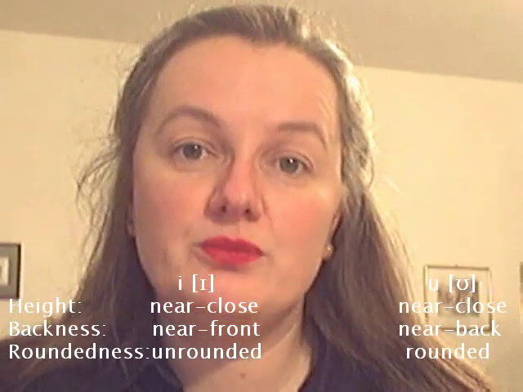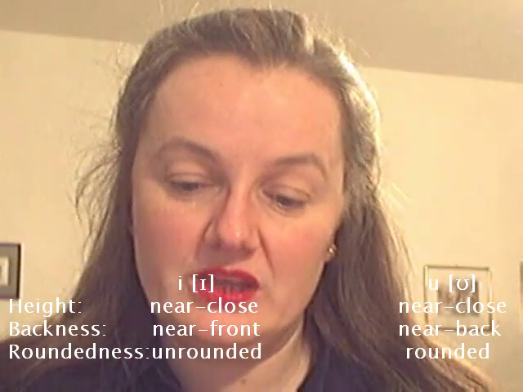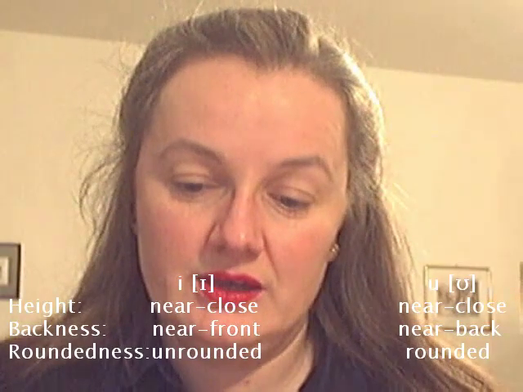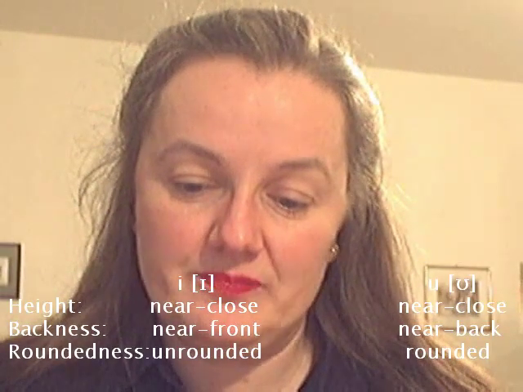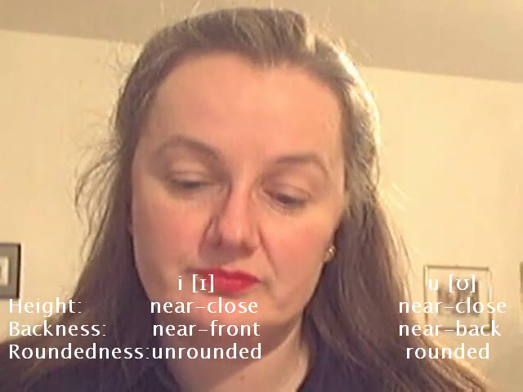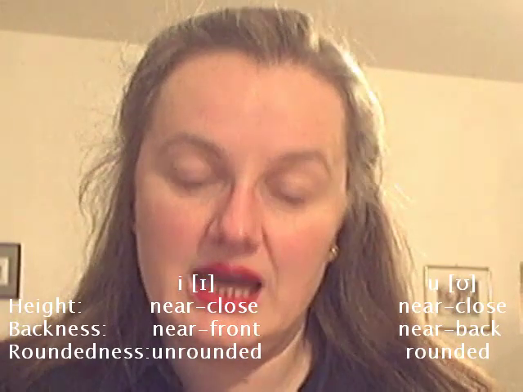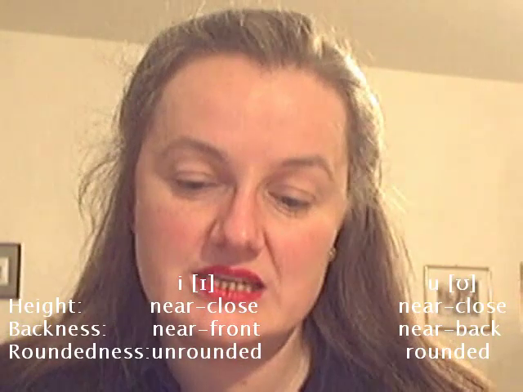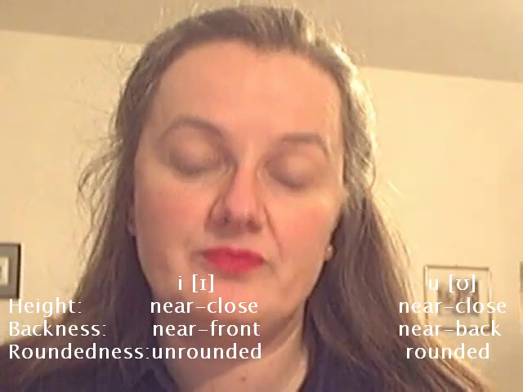And by the way, don't mix it up with the sound O, for example. This is a close mid vowel, and we also have the open O sound. This is an open mid vowel.